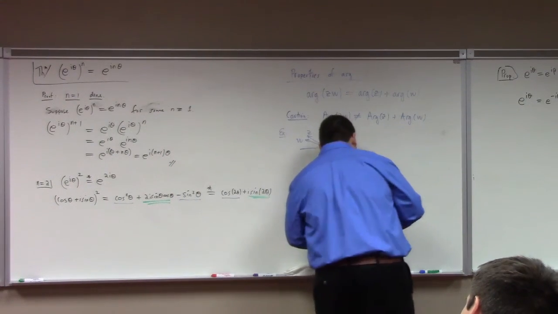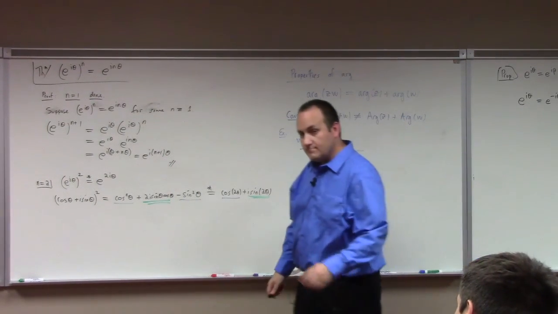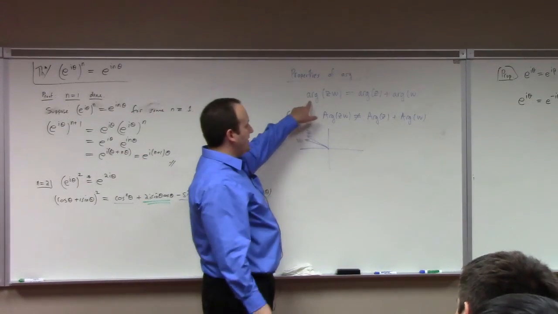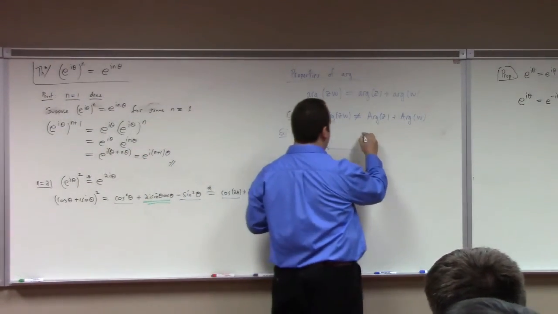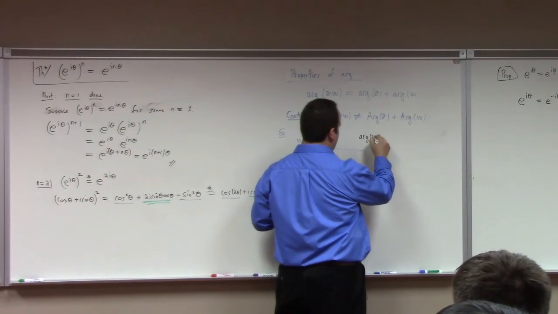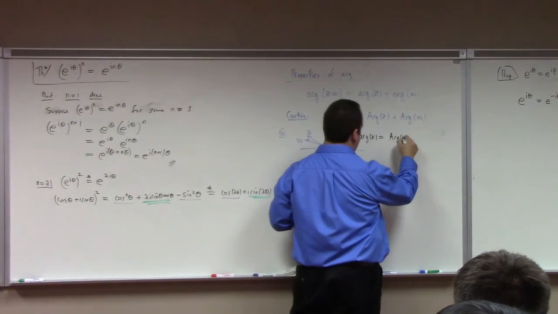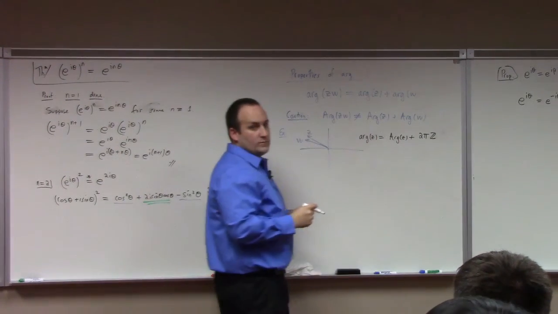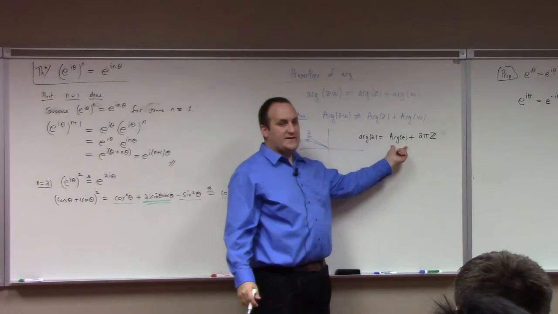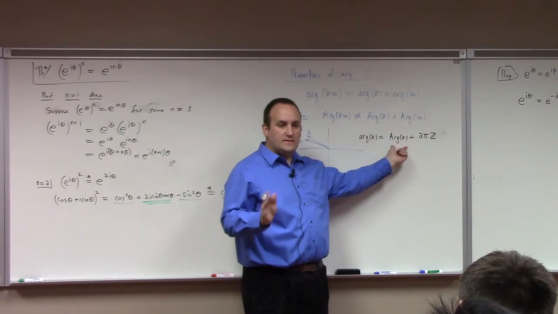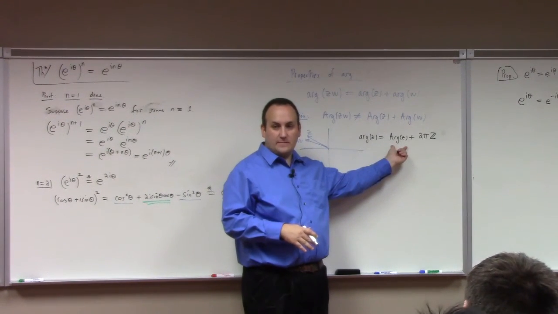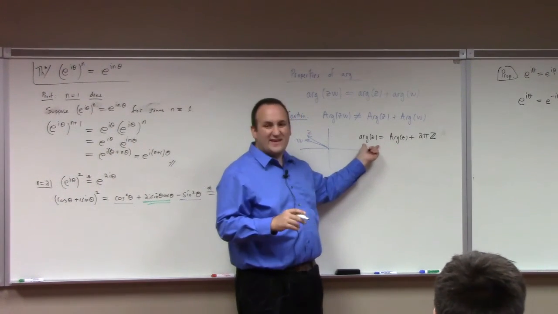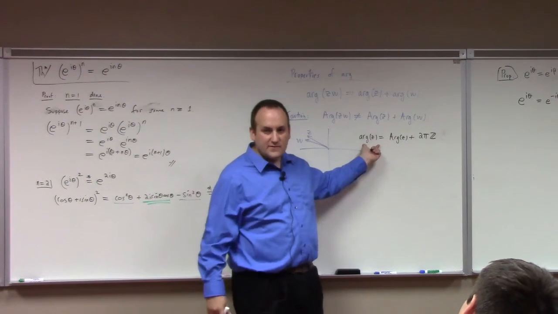Okay. This was the set of values. They're related in the following way. Little arg of z is equal to big arg of z plus 2 pi Z. This is the specific standard angle for z between minus pi and pi, with minus pi not included, and little arg is all possible standard angles for z, basically.